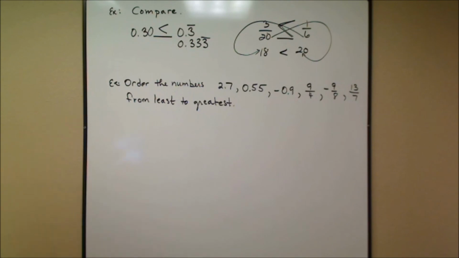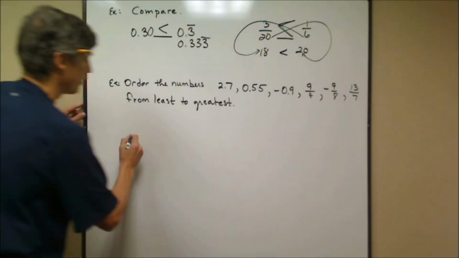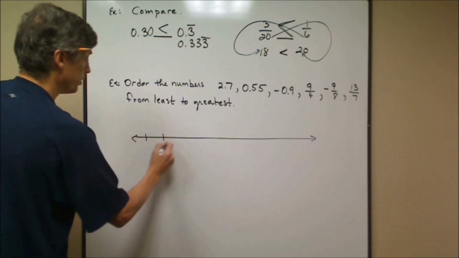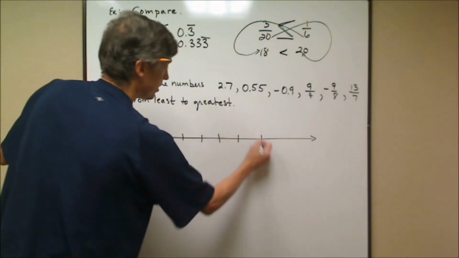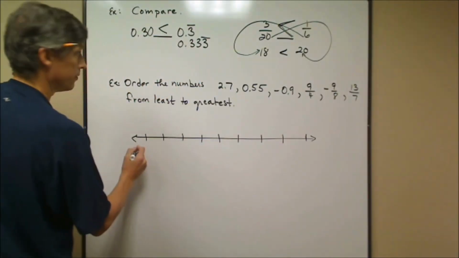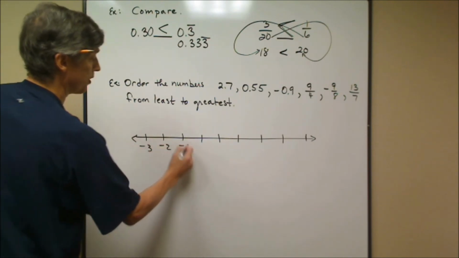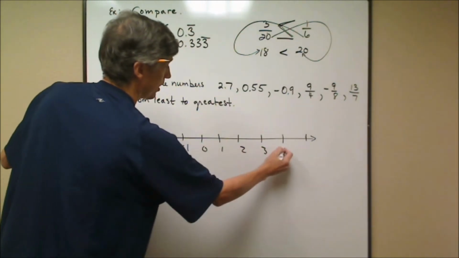Now, on this last example, it says order these numbers, and I have a whole bunch of numbers, some of them decimals, some of them fractions, from least to greatest, and I think I'm going to use the number line to help me here. I'll go from negative, I don't think I need as far as negative 3, -2, -1, 0, 1, 2, 3, and 4.